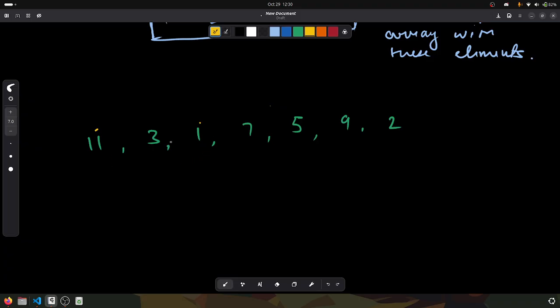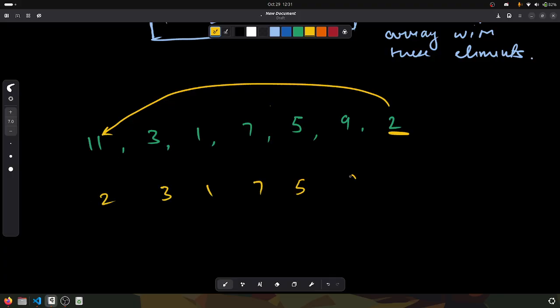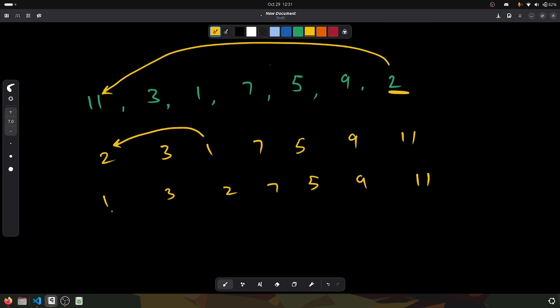So what we can do is, since we have an even number, we can put the even number here, 2, so the array becomes this, and now we can put the odd number here, 1, 3, 2, 7, 5, 9, 11. So now we have 1 in the beginning, and what we can do now is perform this operation.